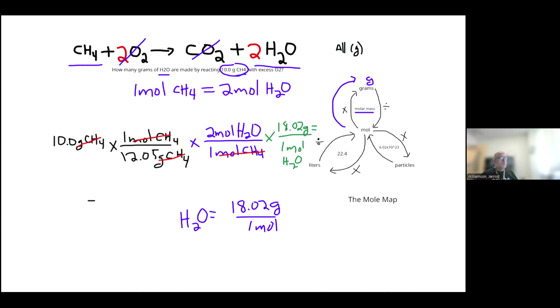Moles of water cancel with moles of water. And now I'm going to have 10 times 2 times 18.02 divided by 12.05.